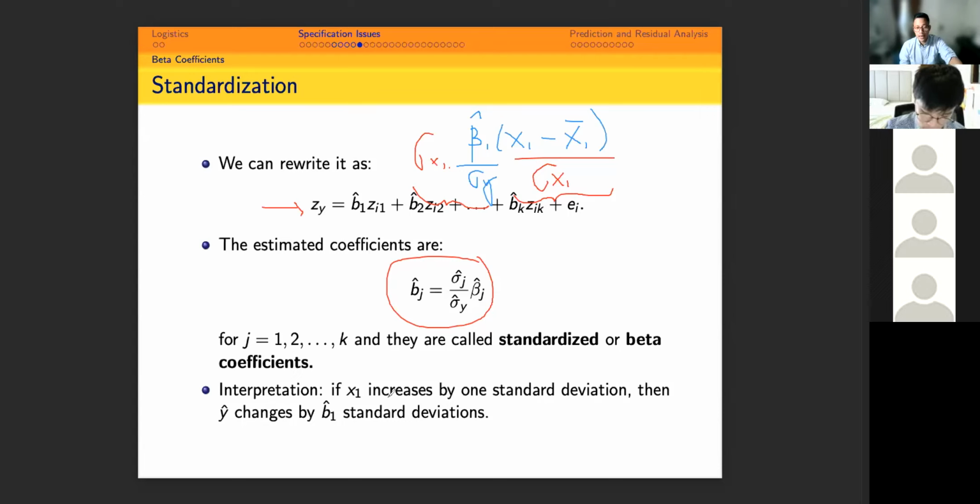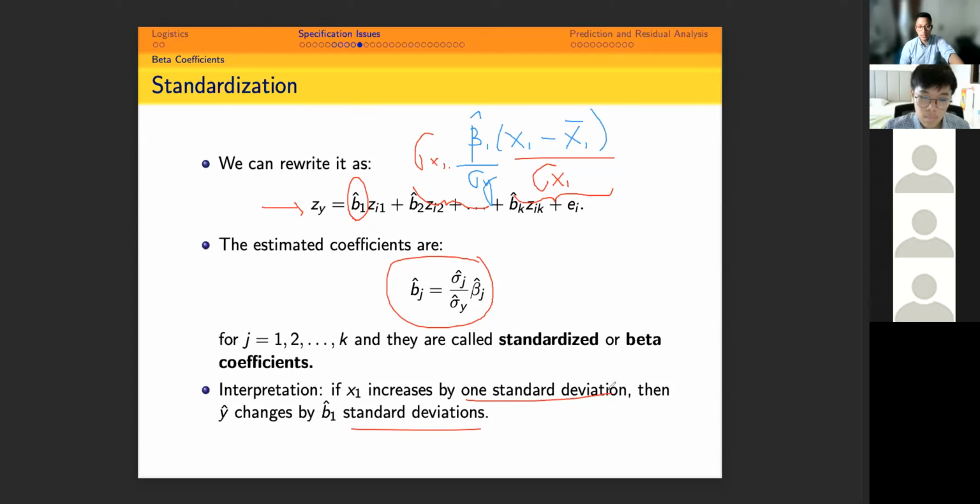If x1 increases by 1 standard deviation, then y is going to change by beta 1 standard deviation. So the unit of interest here is not some units associated with the original variable. The unit of interest here is standard deviation.